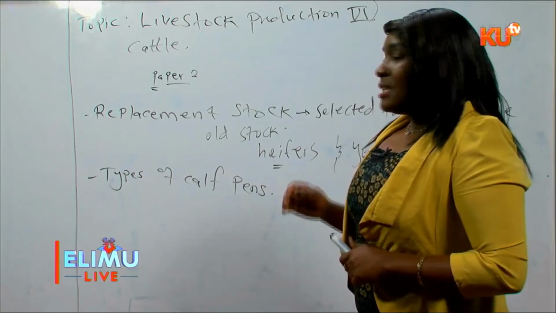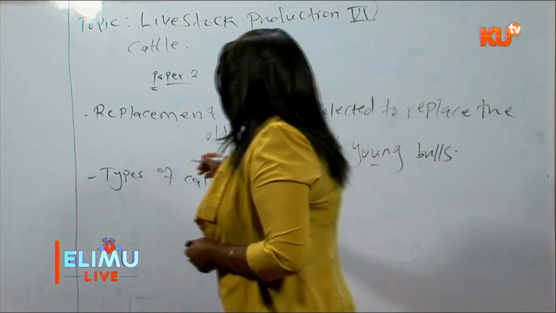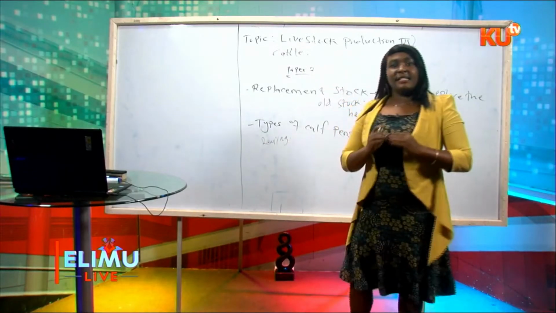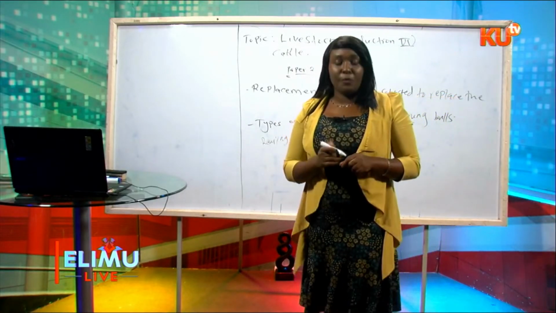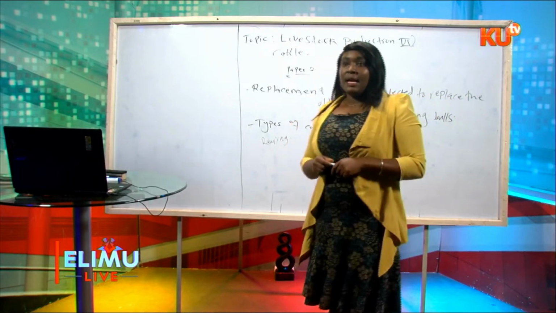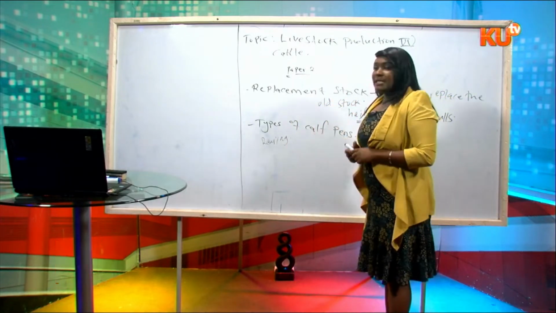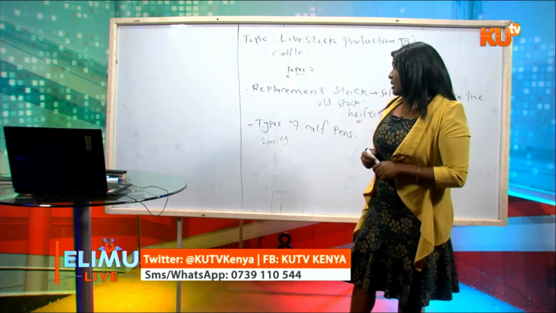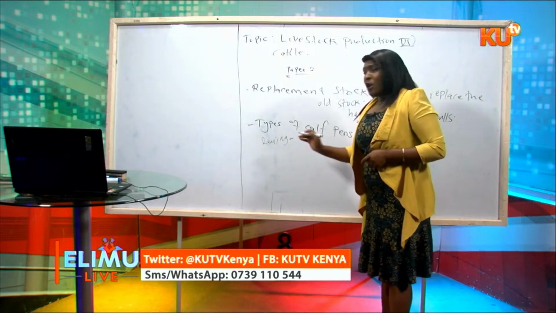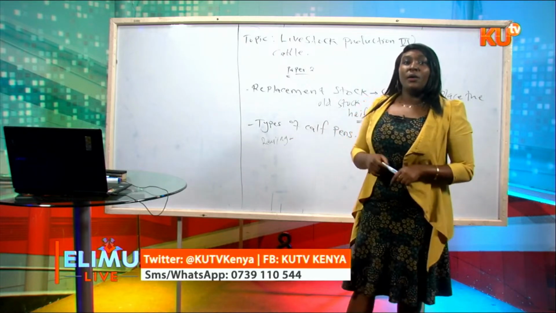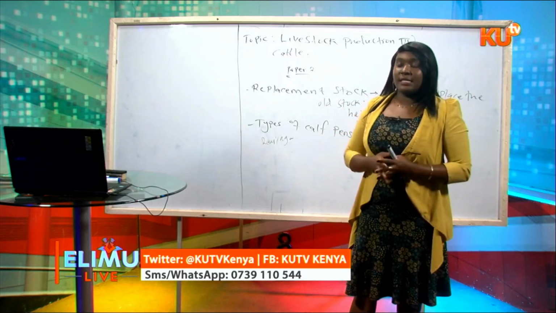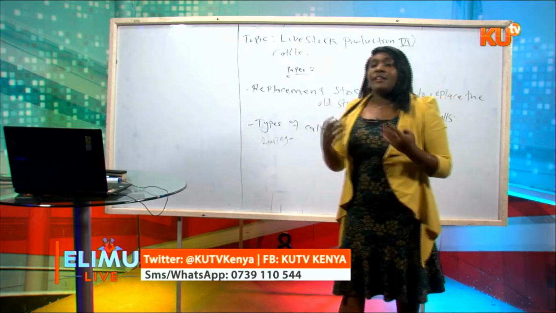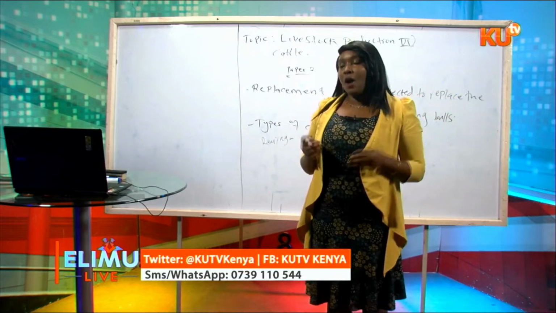This is because rearing is a very broad aspect of bringing up animals. It is like bringing up a young child. One of the aspects of rearing cattle is good housing. A calf pen is where the calf is housed, where these heifers are housed.